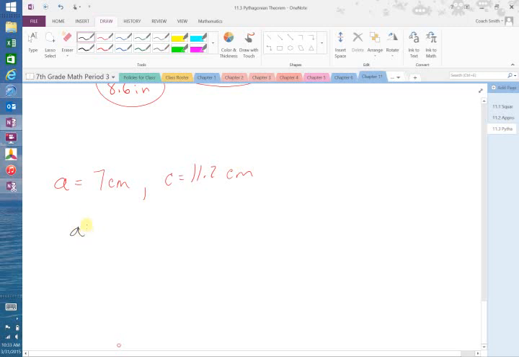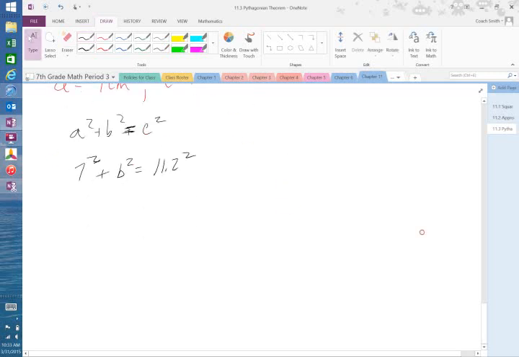A squared plus B squared is equal to C squared. So that's 7 squared plus B squared equals 11.2 squared. So 7 squared, 49, plus B squared equals 11.2 squared.